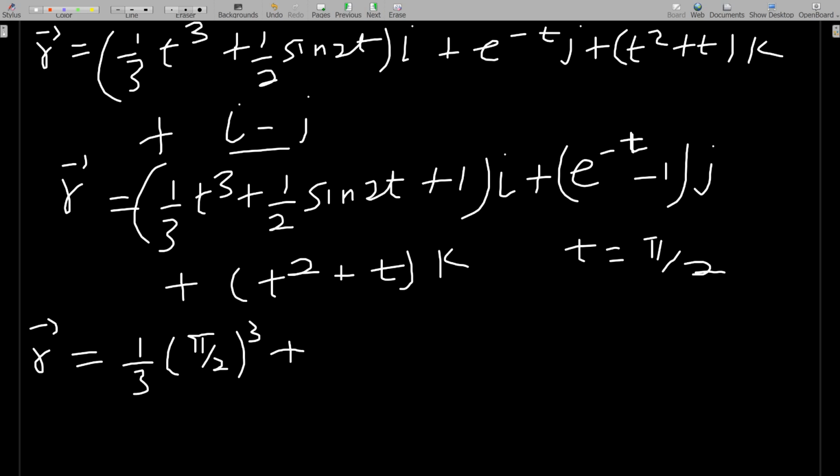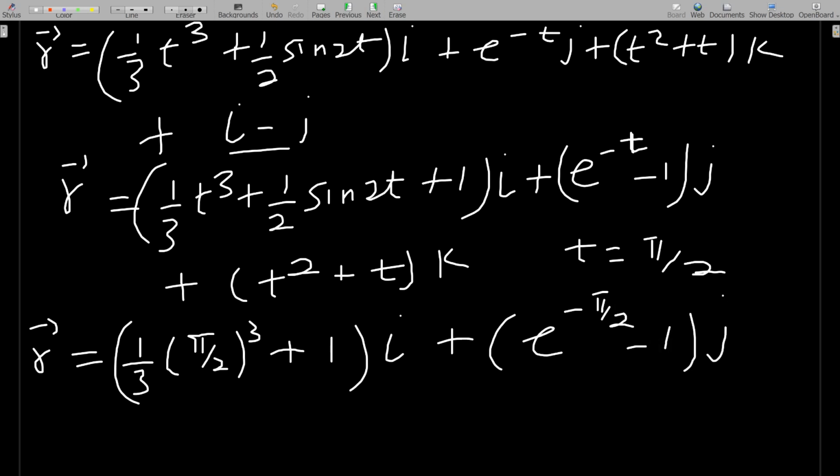So it becomes plus 1, then i, plus (e to the minus pi over 2 minus 1) j, then plus (pi over 2) squared, and that will be pi squared over 4 plus pi over 2.